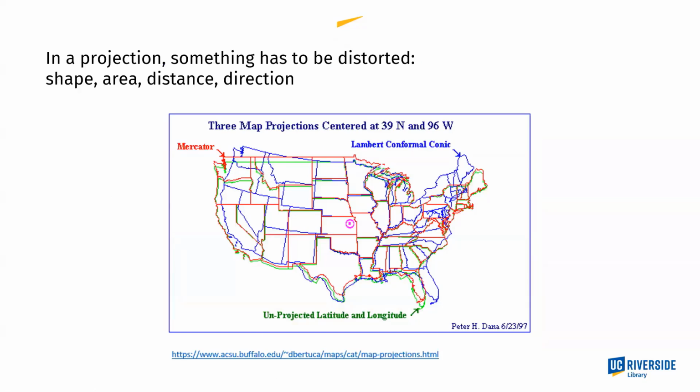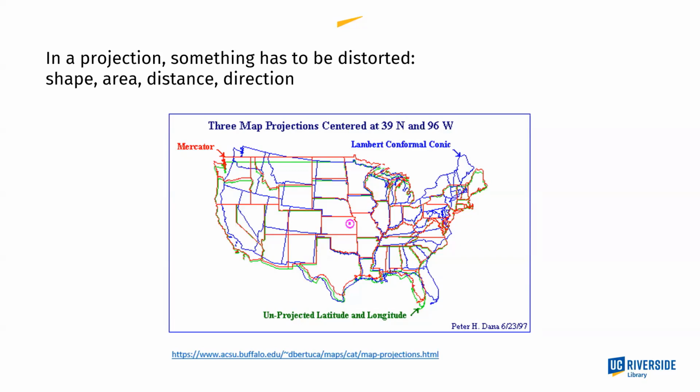We are not going to get a perfect translation of shape and area and distance and direction. If you're a mariner, you're interested in a projection that preserves direction and distance as much as possible, because that's really important to get from a landmass to another. You want to be going in the right direction in the appropriate amount of distance. But other projections are better at preserving shape or area.